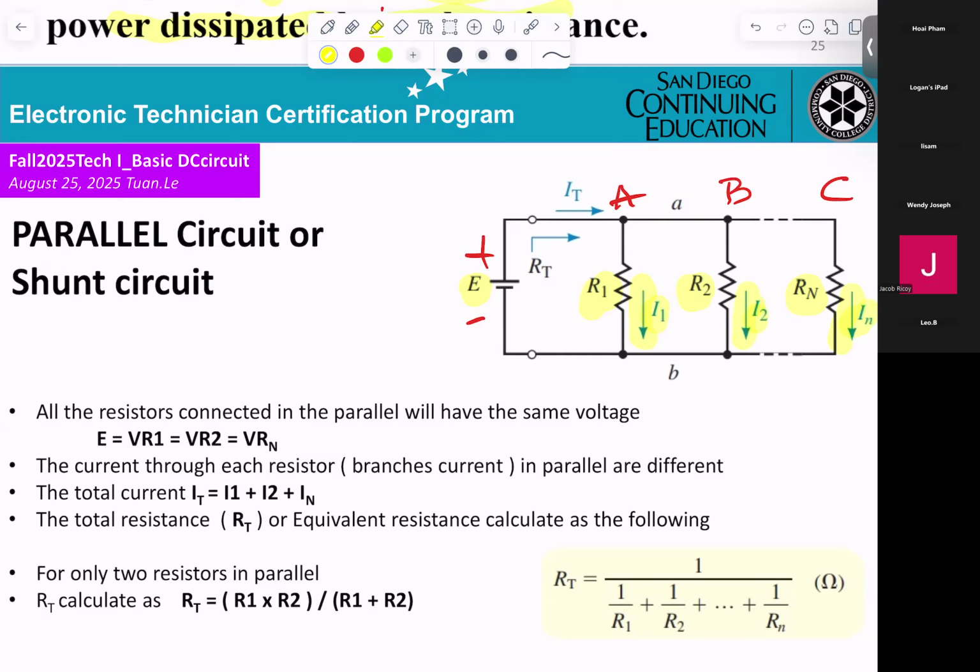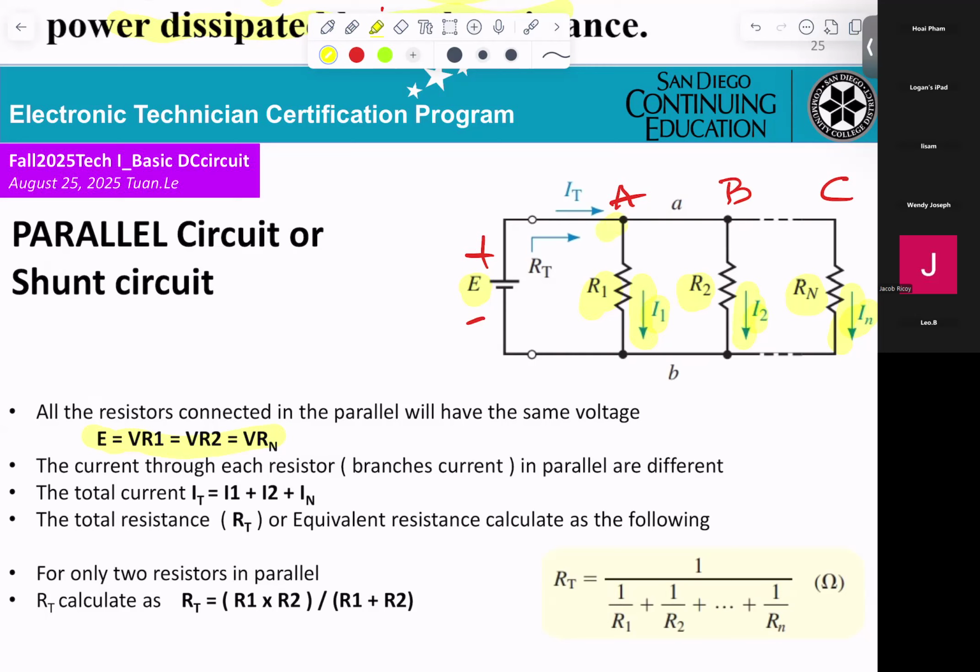First thing, you can see VA or VB or VC is the same thing as E. They already tell you here VR1, VR2, VRN, same thing.